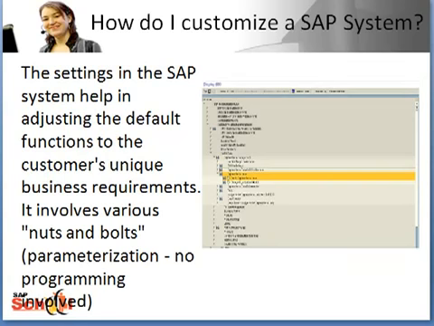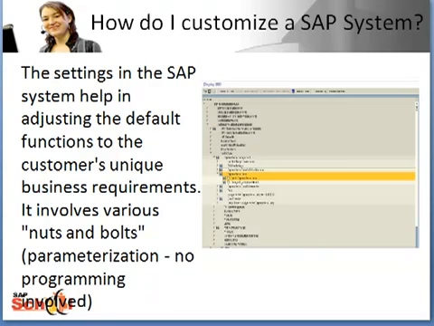Another question commonly asked by people who are new to SAP is, what is customizing and how is customizing different from coding? Customizing can be thought of as parameterization of the system, which basically means you are given a set of drop downs, given a set of functionality, and you have to choose the right bits from that set as per your business requirements.